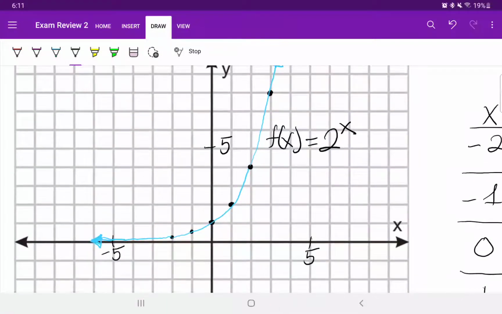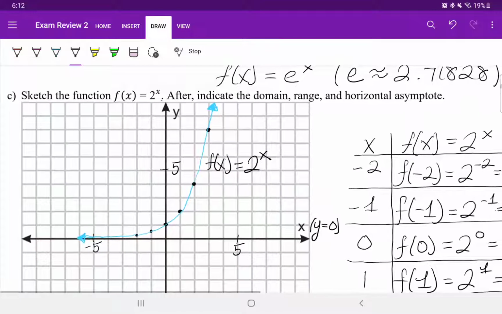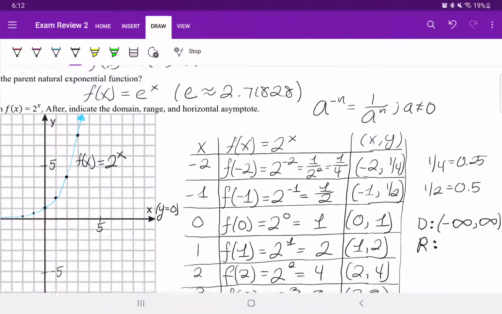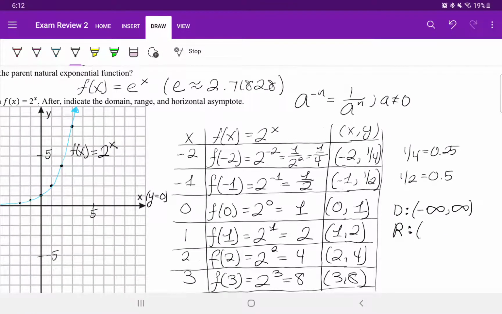Look at the left side of this function. The function gets closer and closer to the x-axis, but it's not touching and it's not crossing. That is going to be an asymptote. Every point on the x-axis has a y value of 0. So the function approaches but does not touch the line y equals 0. Therefore, the lowest y value my function will approach in this case is 0.